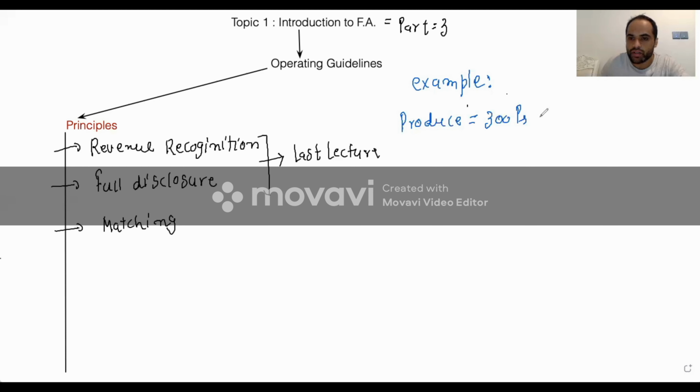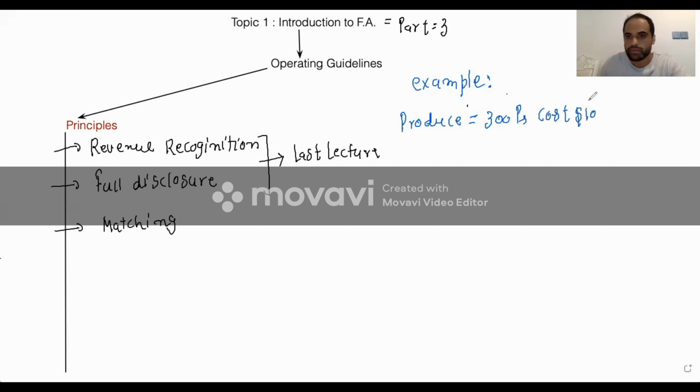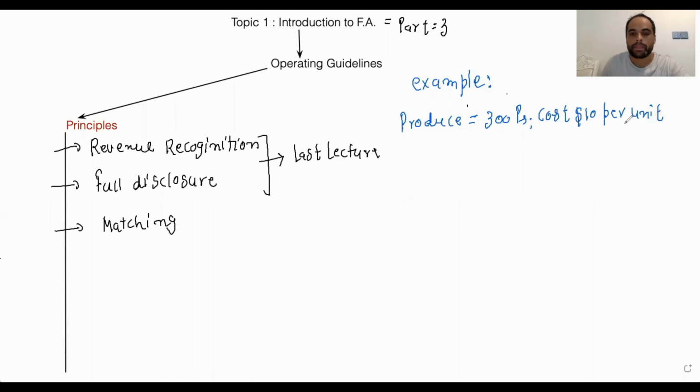And the cost of each product, for example, is $10 per unit, per product. So cost is $10 per unit, right?